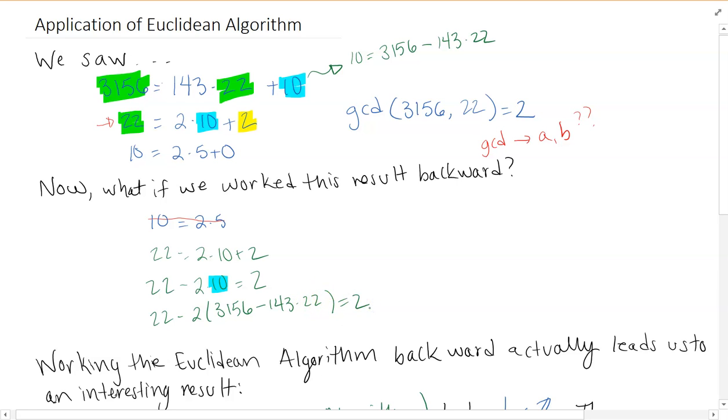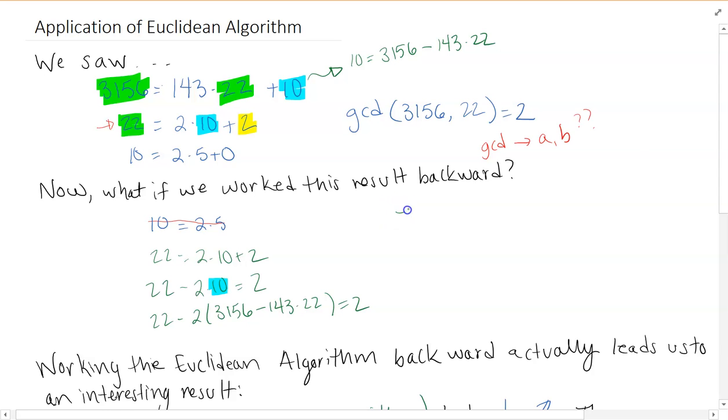Now with this, I can rearrange a little bit. Distribute the 2, and I would get minus 2 times 3156, leaving it in this factored form, and then plus 2 times 143, which is 286.